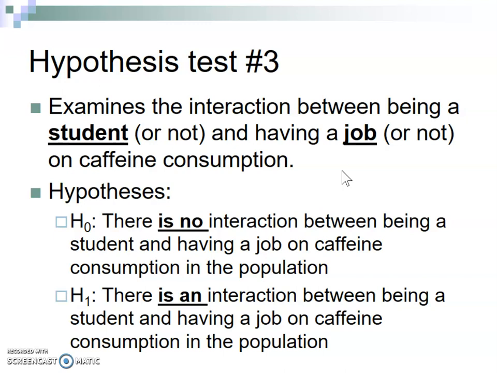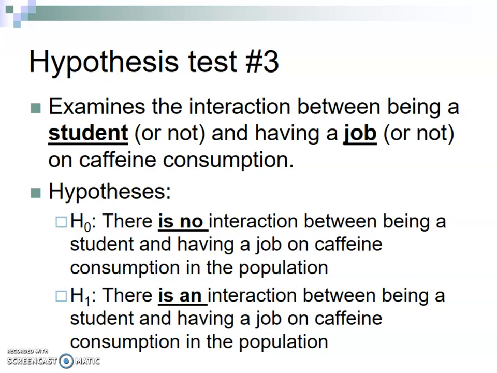So being a student and having a job, there's no interaction between the 2 in determining caffeine consumption in the population, versus our alternative hypothesis, which states that there is an interaction between these two variables in the population. So our hypotheses are always stated about the population level, so make sure to include that in your hypotheses.